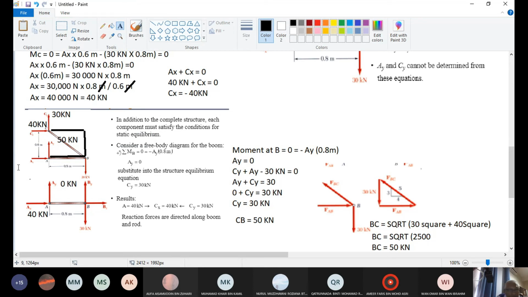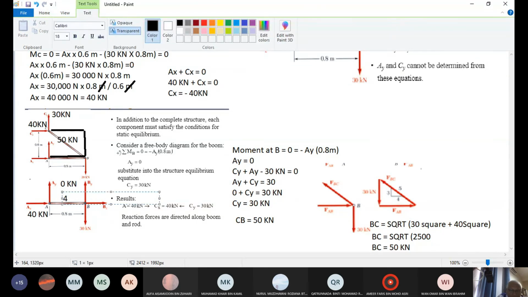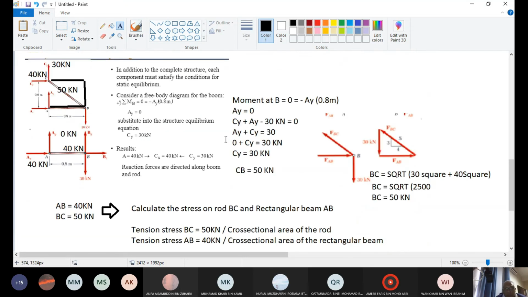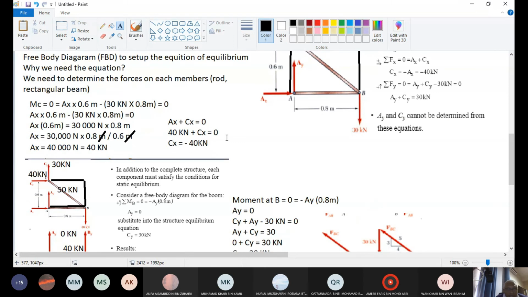Now AX is 40, so this beam AB is 40. So we have AB 40, and we have BC 50. From there you can solve the stress. Now you have the load, and the load divided by the cross-section area gives you the stress.